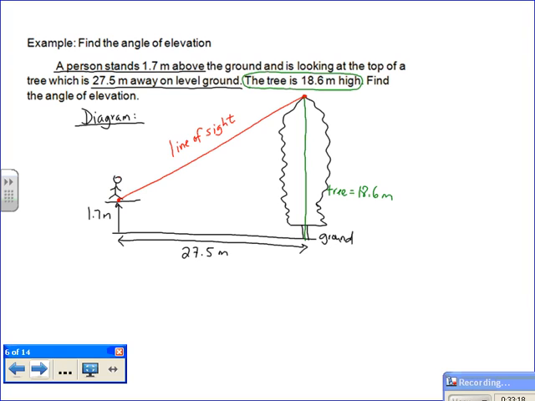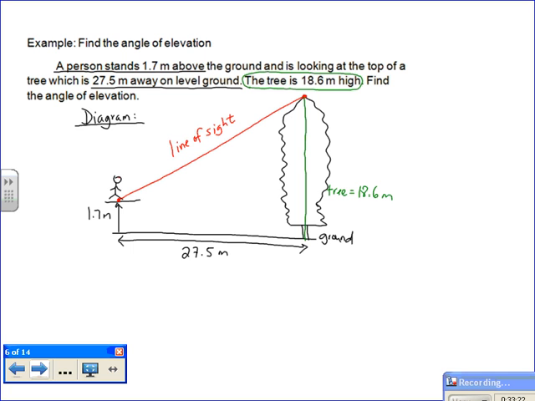This is a slightly more challenging question because the person isn't standing on the ground. So if you look at this, right now, this does not actually make a triangle yet. It makes a four-sided shape, because of this little 1.7 part right here.